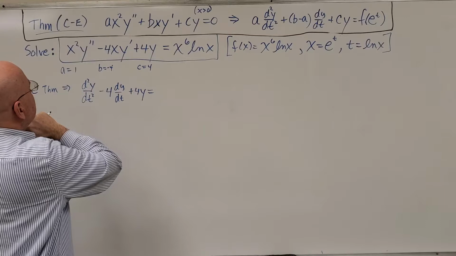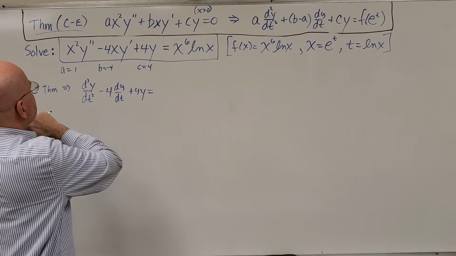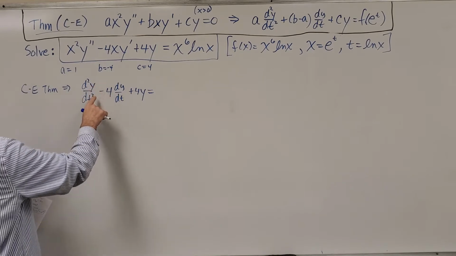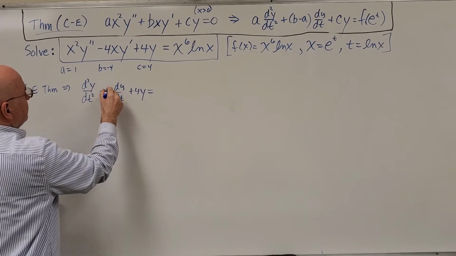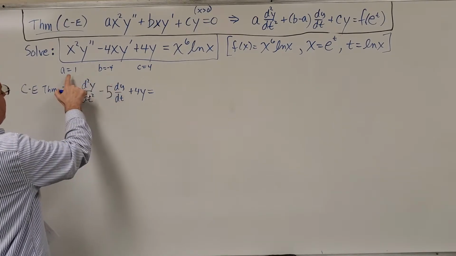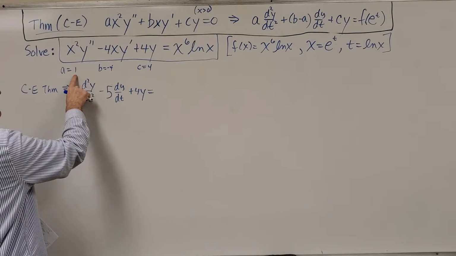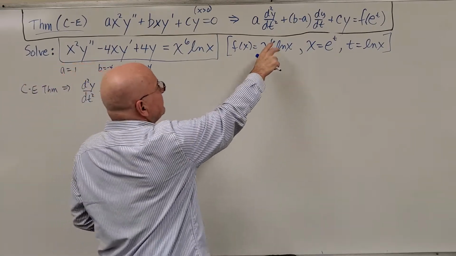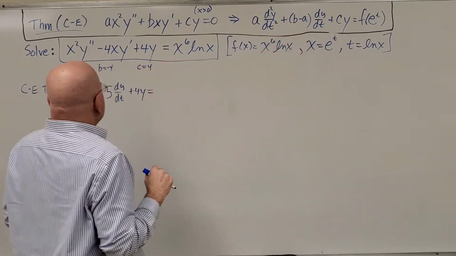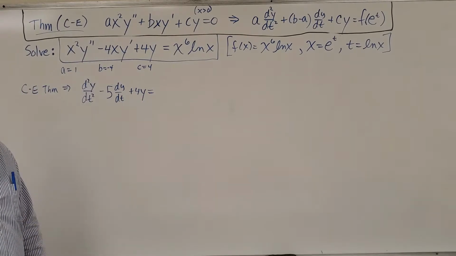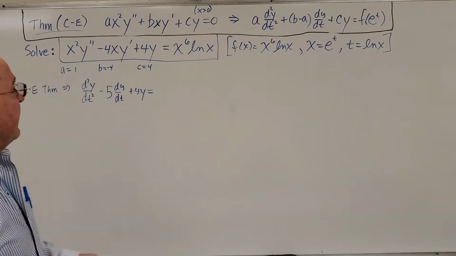That should be a minus 5, because it's b minus a for this coefficient from the theorem: minus 4 minus 1. Here's the theorem. Plus 4 times y is equal to what? It's got to be in terms of x's now.